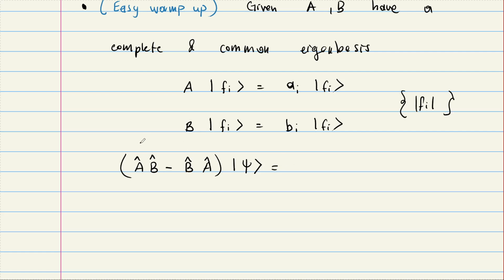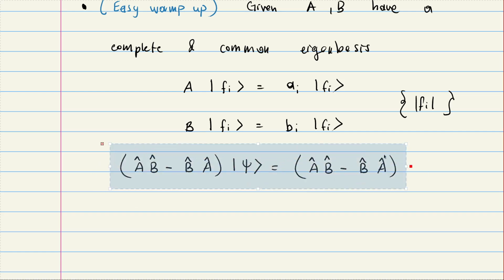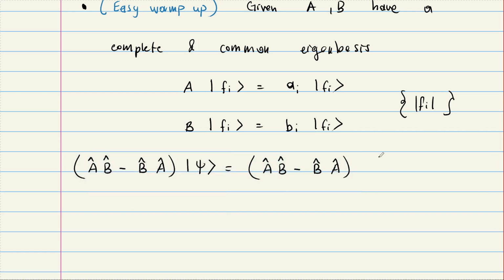So let's do that. Let me open up some space. I'll hit on psi, expanded as the sum over i of some expansion coefficient c_i times f_i, because I only know what A and B do in their own eigenbasis.